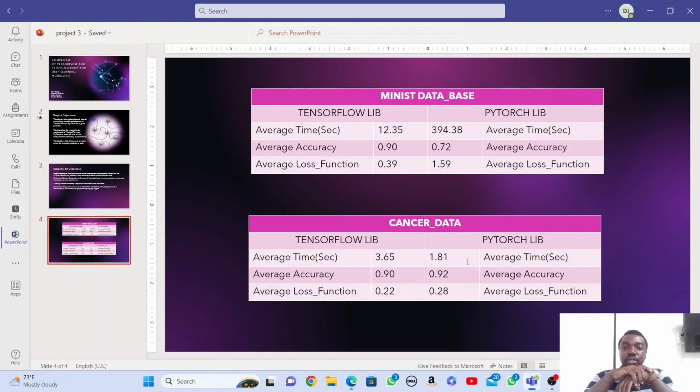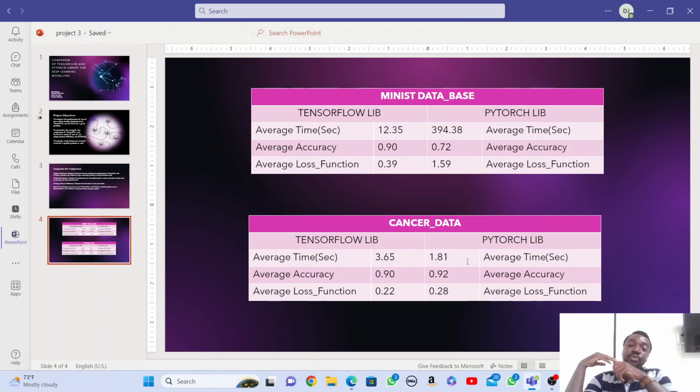After this, we also noticed that on the MNIST data set, when using PyTorch, it took a longer time to build a model that could properly function. And even after the longer time that it took, the average accuracy was still low compared to TensorFlow. I think this might be because it's an image data set.